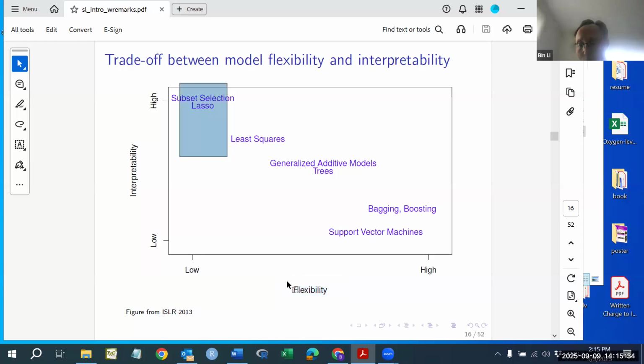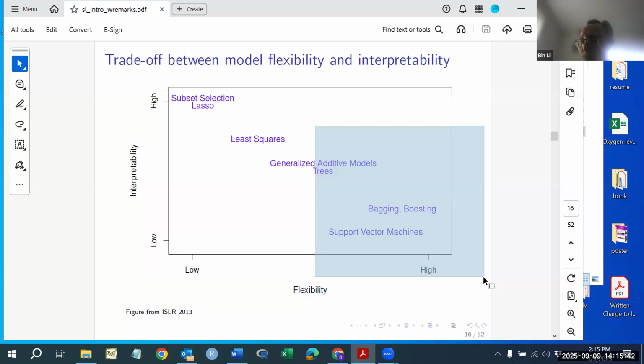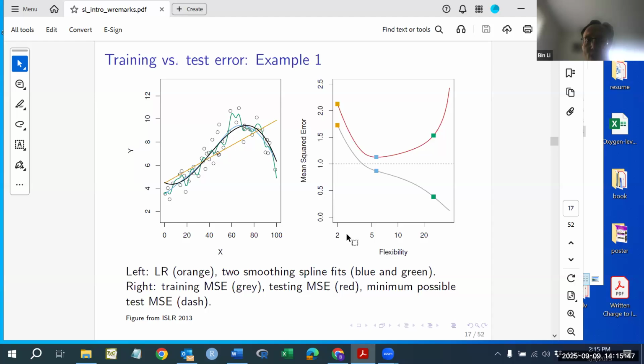But when the model is more flexible, more complicated, then the interpretability will be low. Okay, so that's the takeaway message. And this shows three simulation examples that I want to show you, where there is a difference between the training and the testing errors.